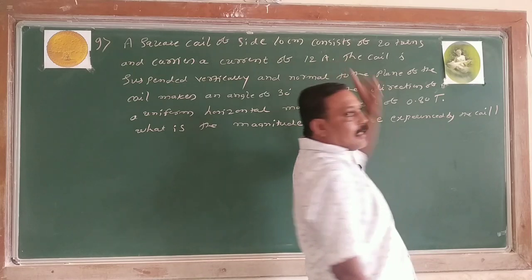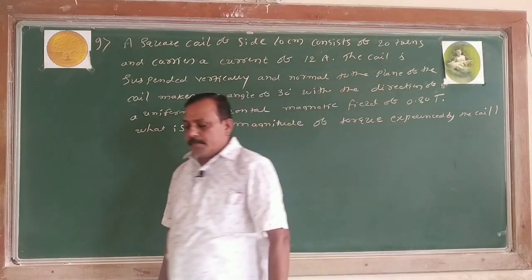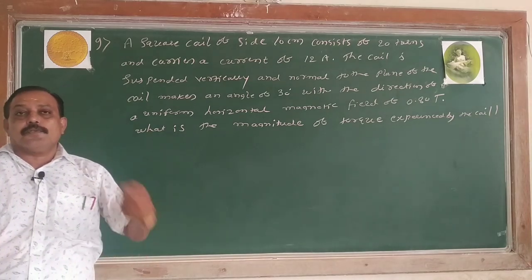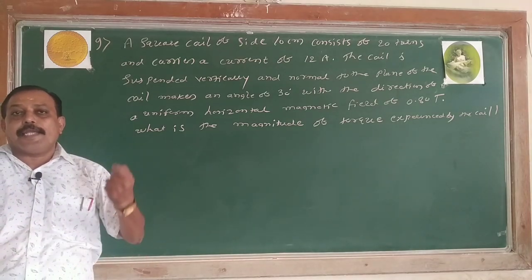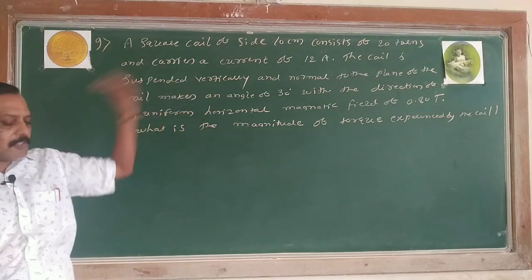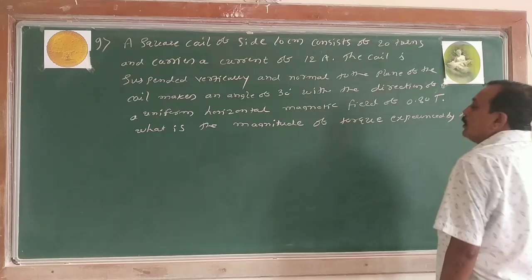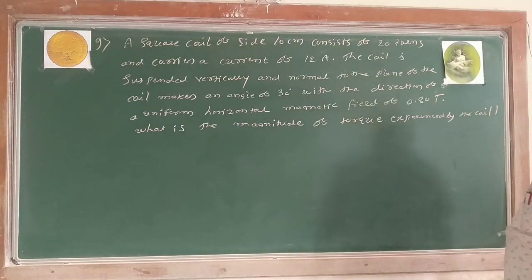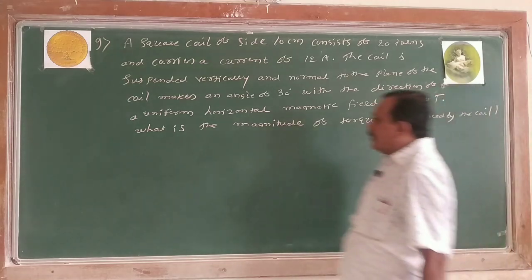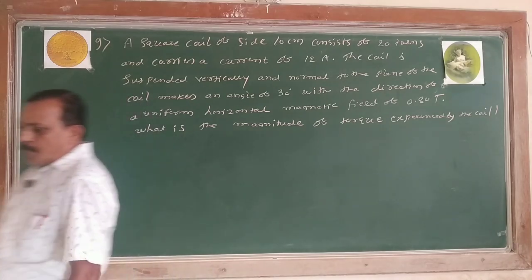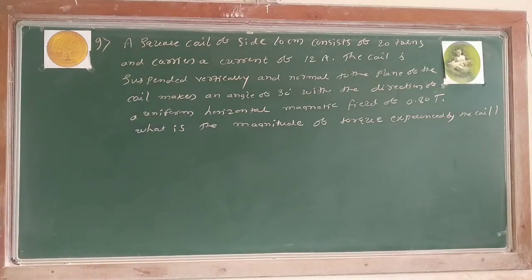If the normal is not mentioned in the sentence, then your angle alpha should be 90 minus the given angle. Here the normal is given, so alpha is given directly. The normal to the plane of the coil makes an angle of 30 degree with the direction of a uniform horizontal magnetic field of 0.8 Tesla. What is the magnitude of the torque experienced by the coil? The torque on a current loop. Right? Have a look. Solution.